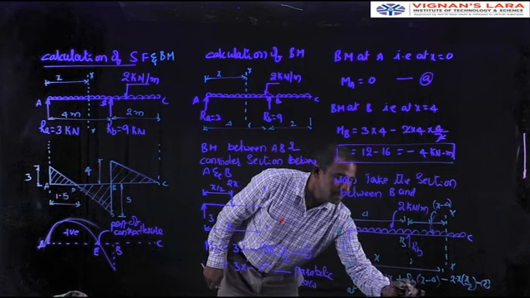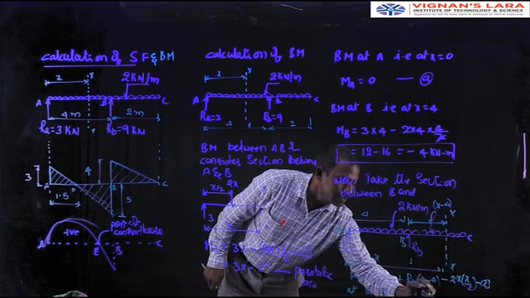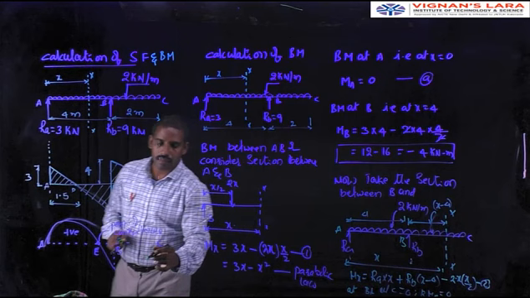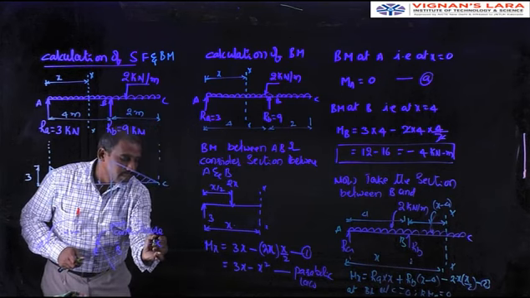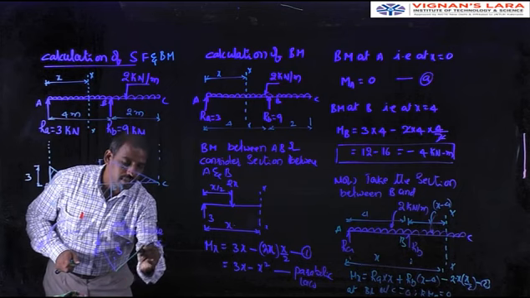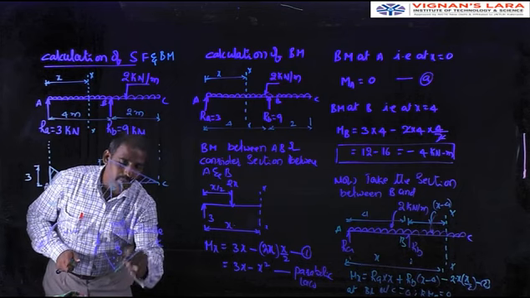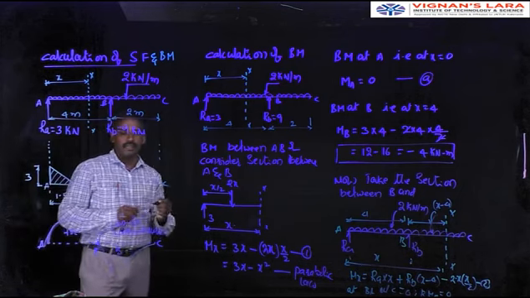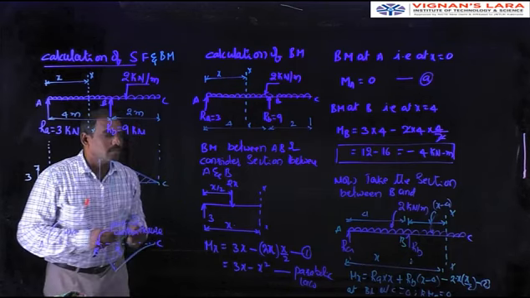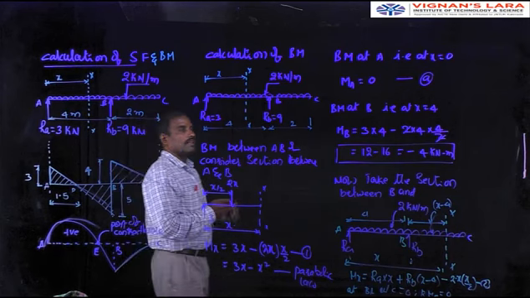Therefore, BM, that is MC is equal to 0. From this equation, it follows the simple parabolic law. So, this is the bending moment between B and C. So, this is the bending moment diagram we plotted from the calculated values.